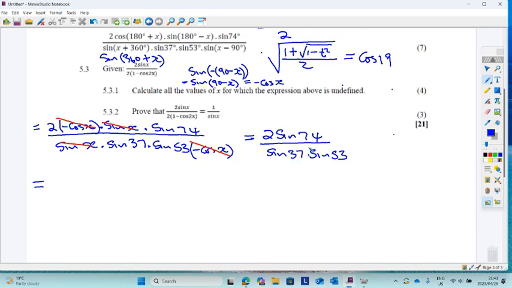Looking at this one, 74 is equal to 37 times 2. Let's rewrite this one. So we have 2 sine(2 times 37). We are using the double angle formula there, over sine 37 times sine 53.